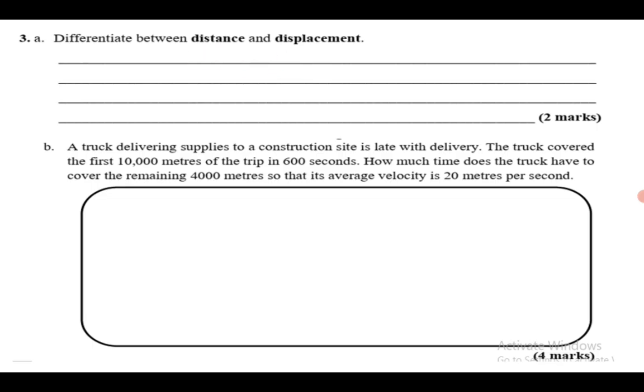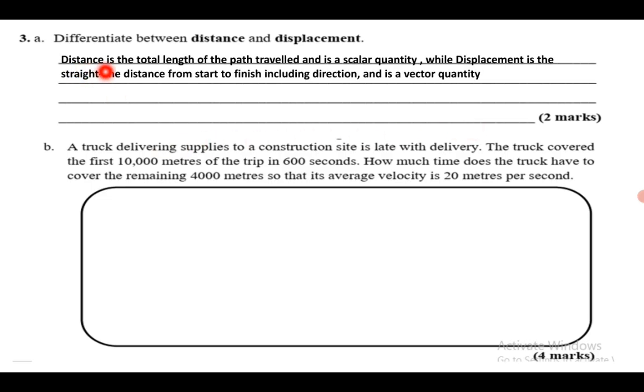So the difference that the examiners are looking for, which is 2 marks, must say something about distance being just the length of path, and that it is a scalar quantity, and the displacement is a straight line, and it has direction, therefore it's a vector. So distance is a scalar quantity and the displacement is a vector quantity. That's the key difference between the two.